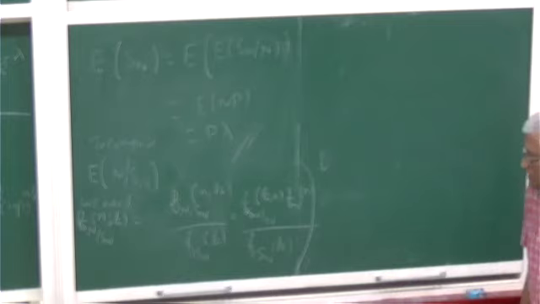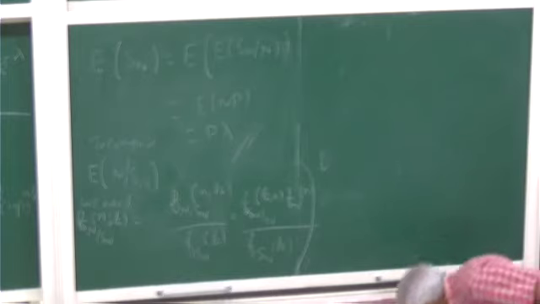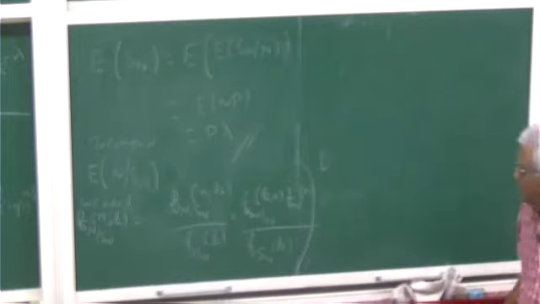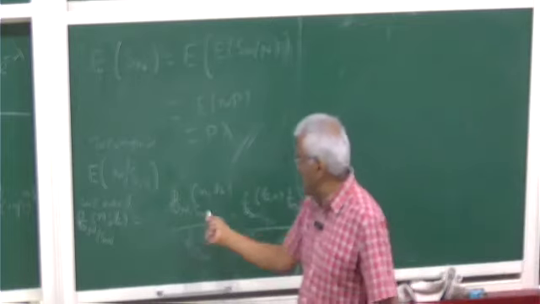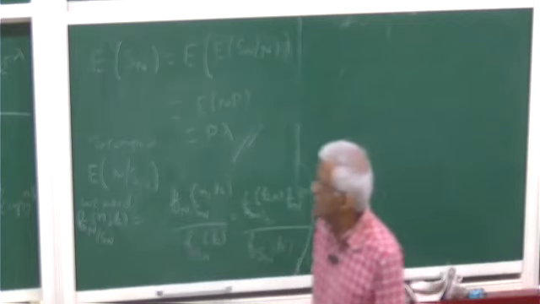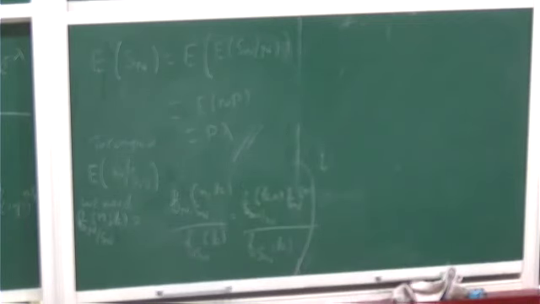This is the other way we found. Yeah, this is just the joint density, no? Which one? That is f of Sn given N. This one. Yeah, this is just the joint density, no?